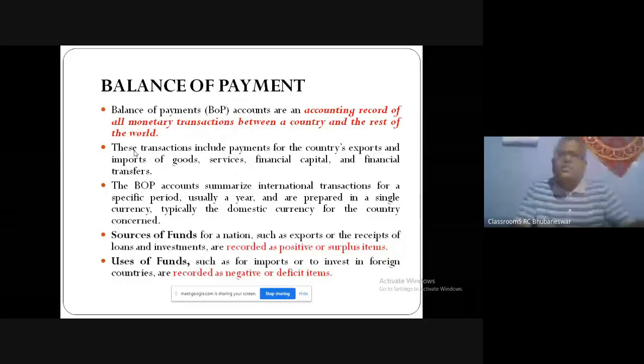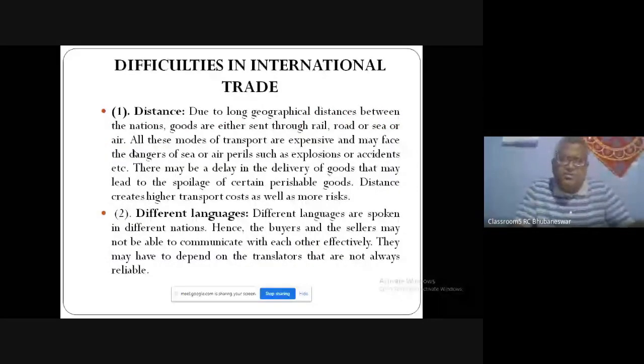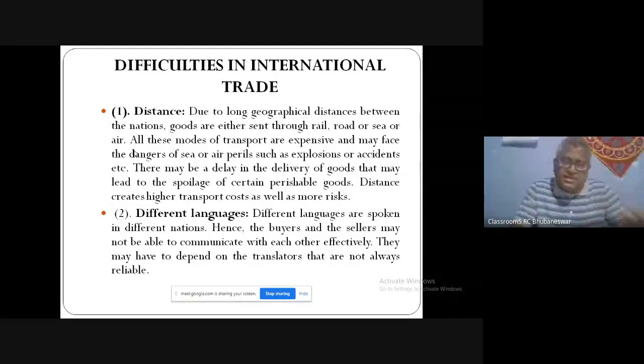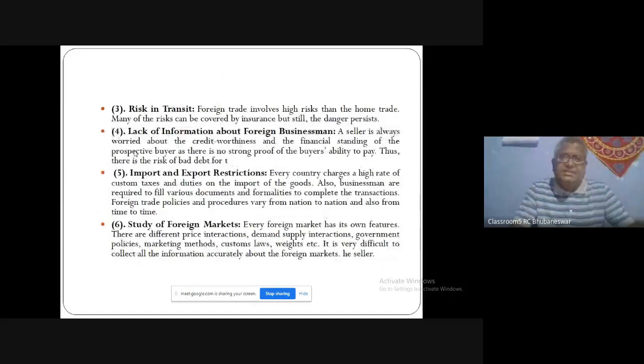But some difficulties in international trade and commerce are there. I have already stated them: distance, difference of language, risk in transit, lack of information about the business or businessman or creditworthiness of the business, risk exposure related to bad debts, or inability to prove a buyer's ability.